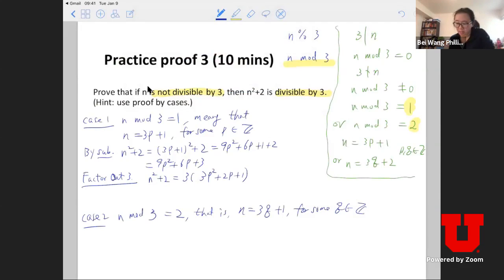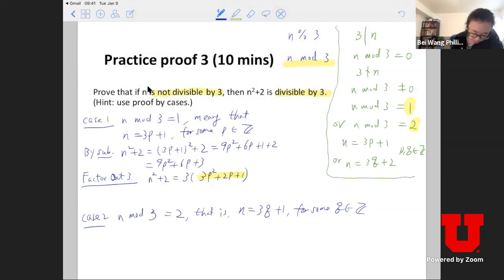Now this is in the form of 3 times some number. If I prove this complicated number highlighted in yellow to be an integer, then we know that n squared plus 2 is expressed as 3 times some integer, which means that it is divisible by 3.